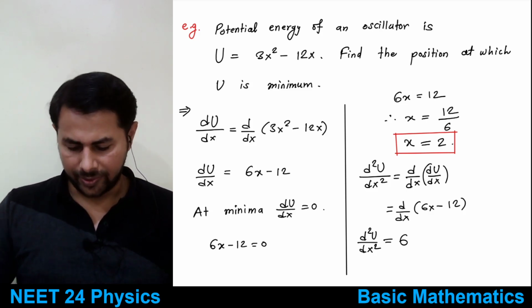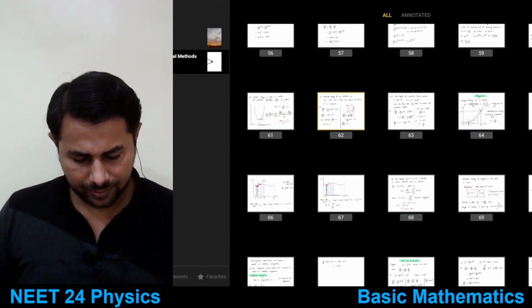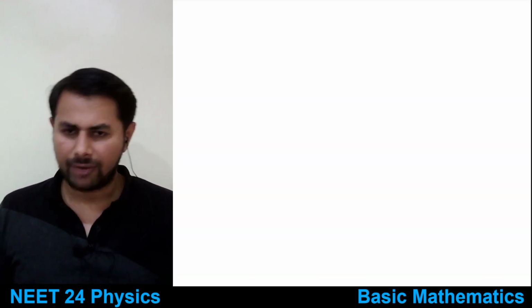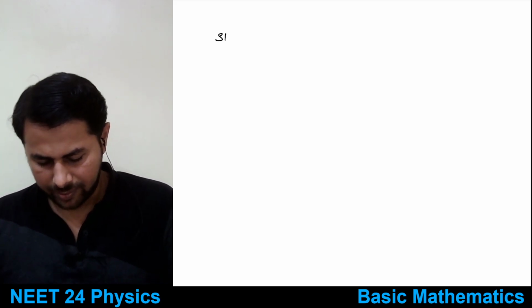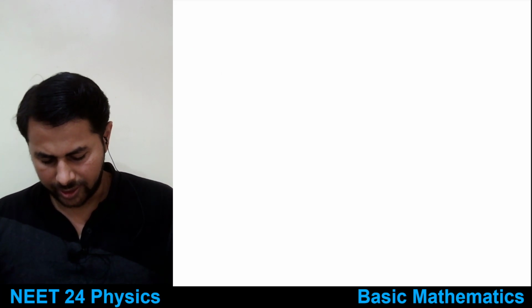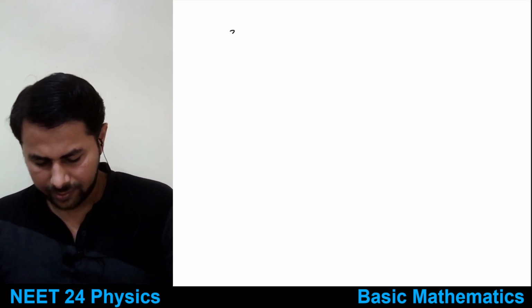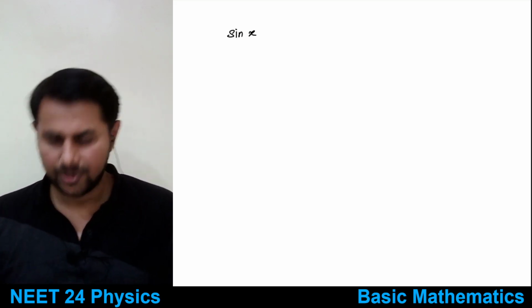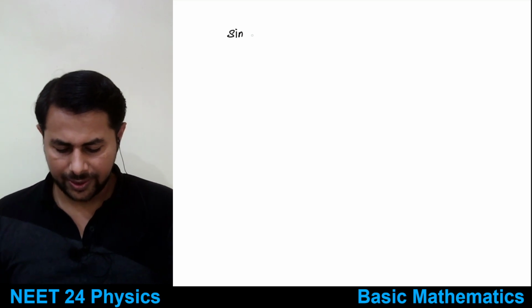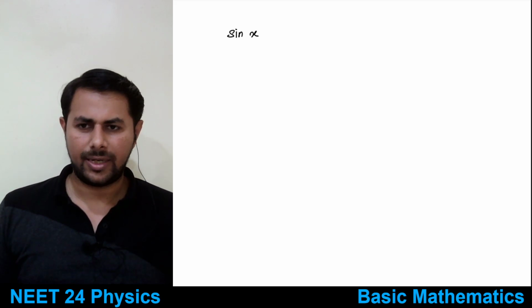Okay, good. Then we can take another example. I want to explain one thing. So suppose you have sine x. This is the function. And you want to find out its minima and maxima.